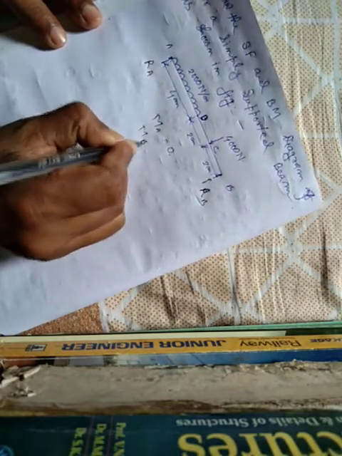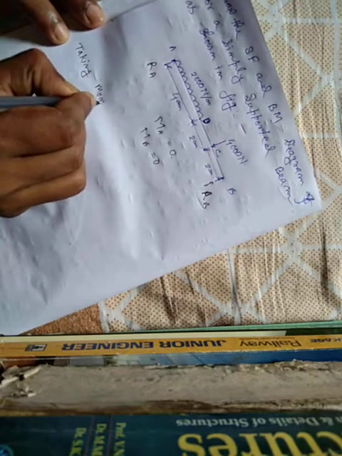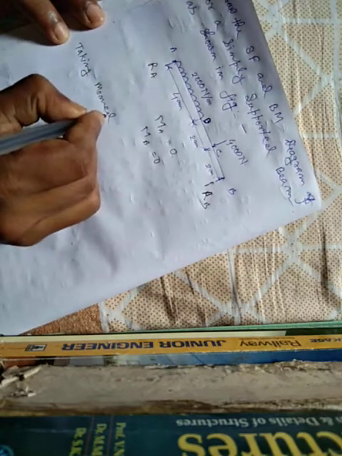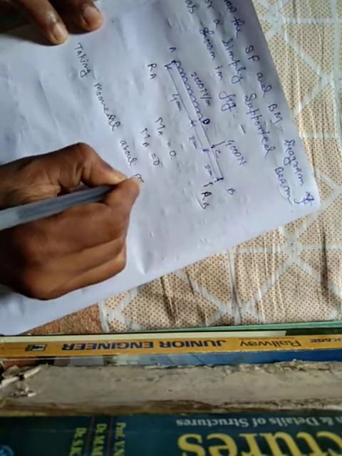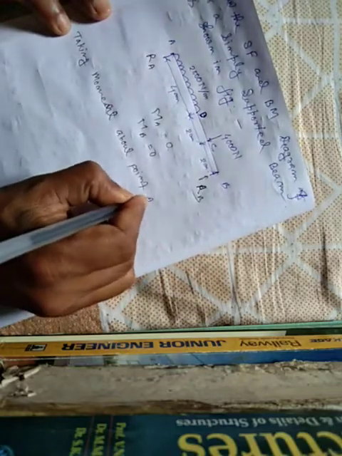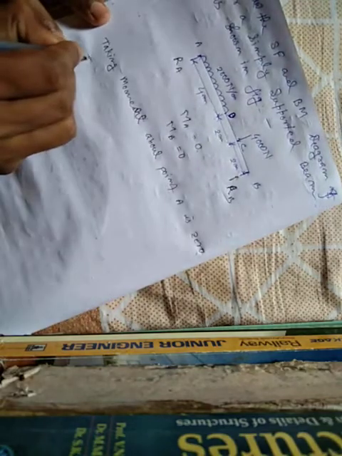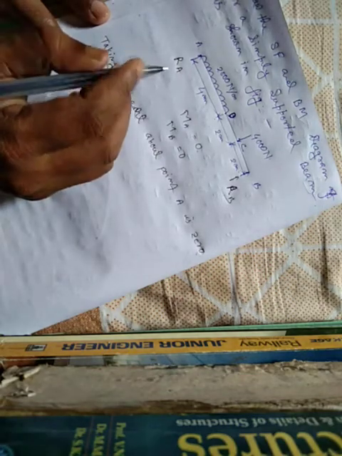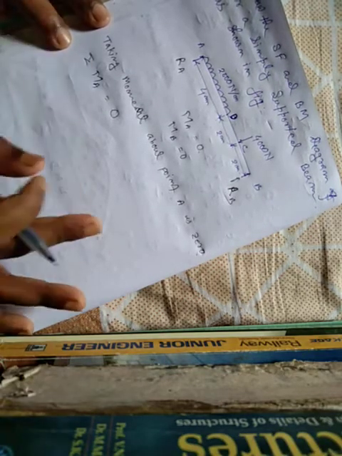Taking moment about point A is 0, the summation of the moments of all the forces is 0 at point A. Now find out the moment about point A.